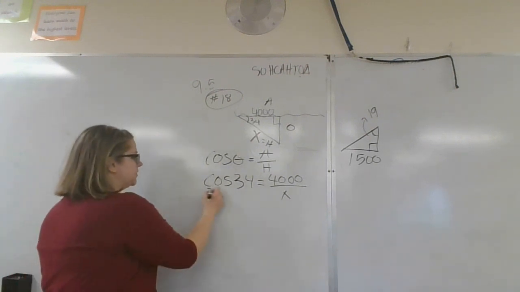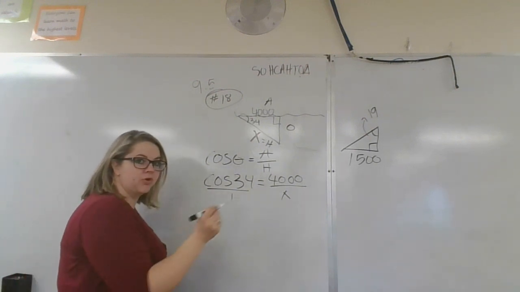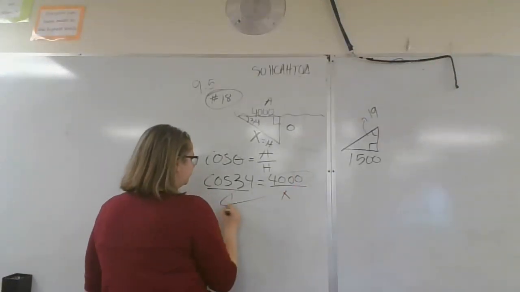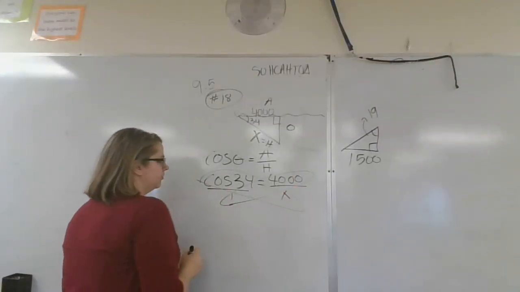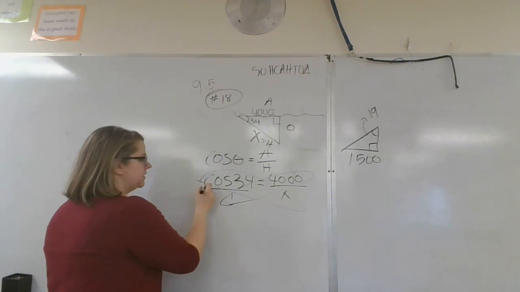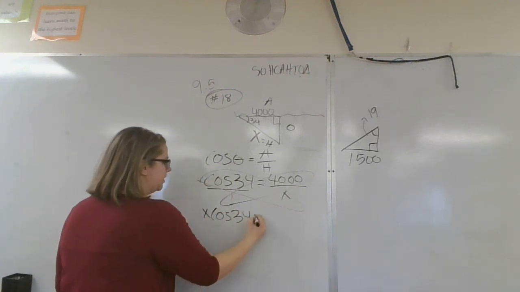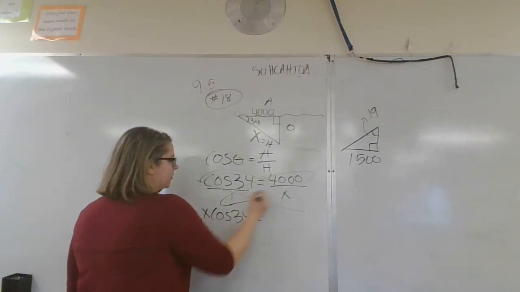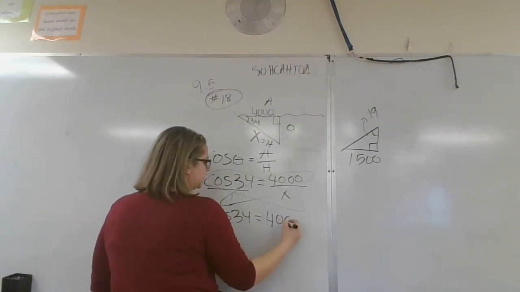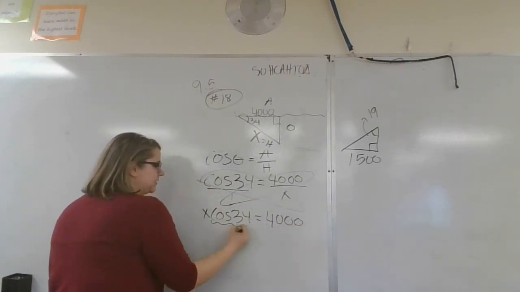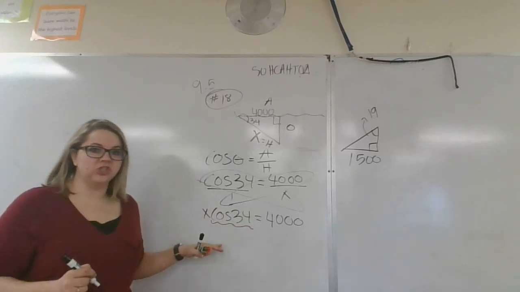Okay, now I'm going to put this over 1, and I'm going to cross multiply. So now this is X times cosine of 34 equals 4,000 times 1 is just 4,000. Now this cosine is just a number.